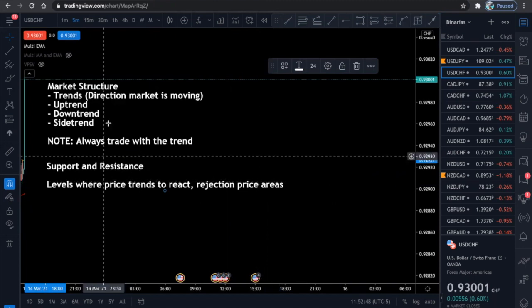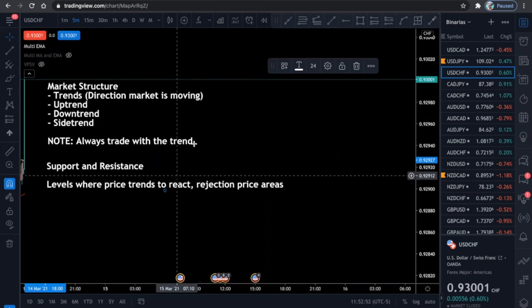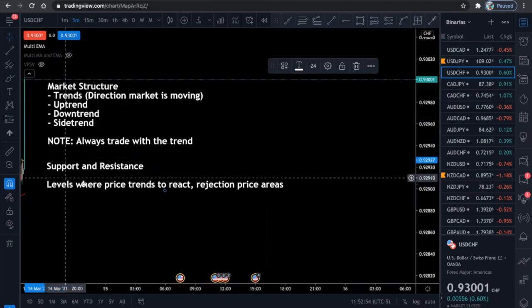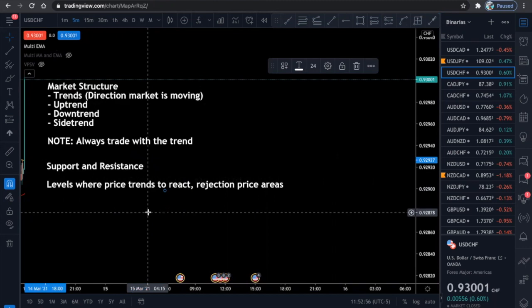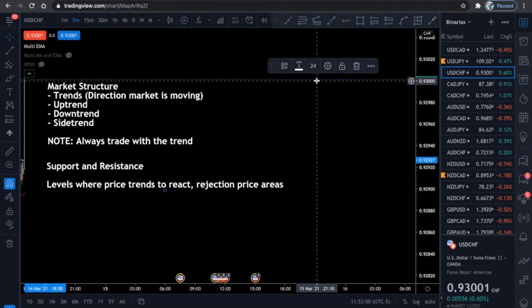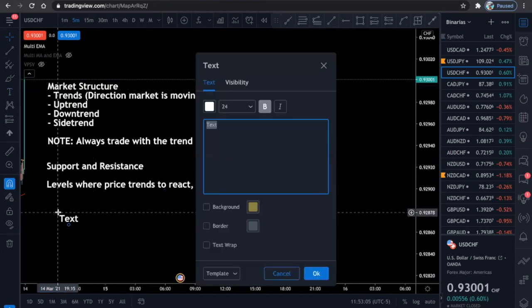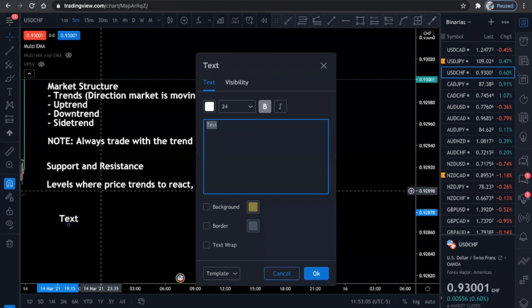Okay, so once we have the market structure, we know which is the main trend of the markets. Second, we find an area where we see that previously the market has been rejected. Now we want to use a specific tool that I'm going to teach you, which is the Fibonacci retracement and Fibonacci extension.